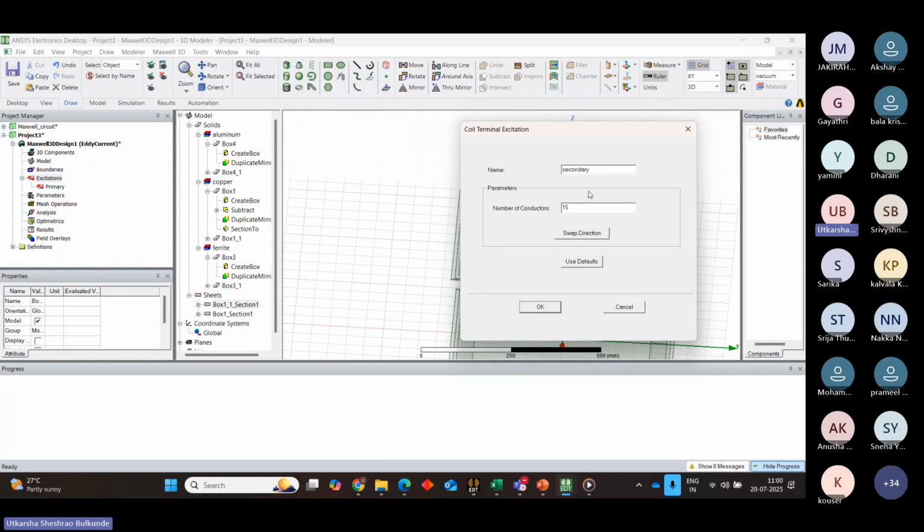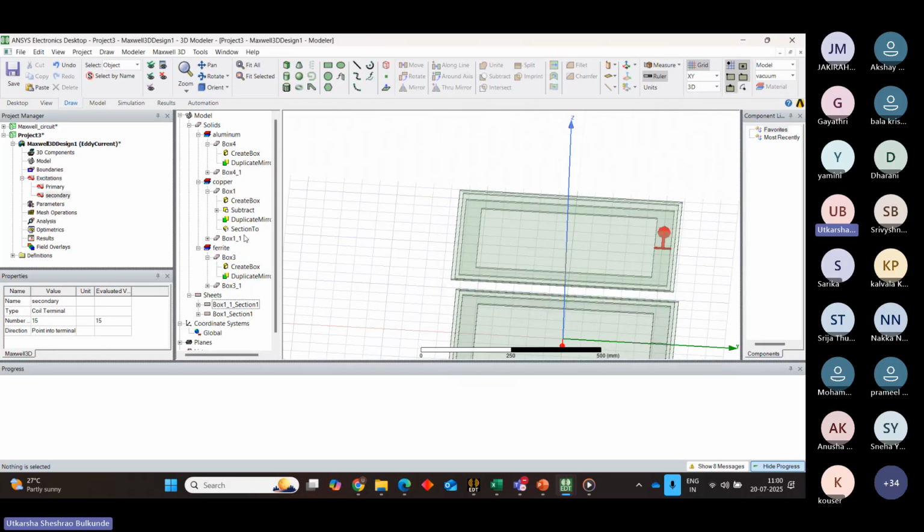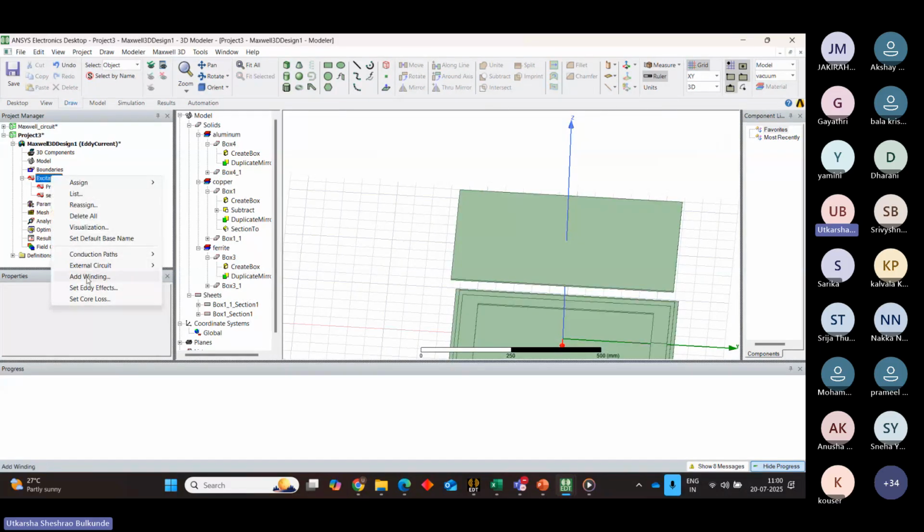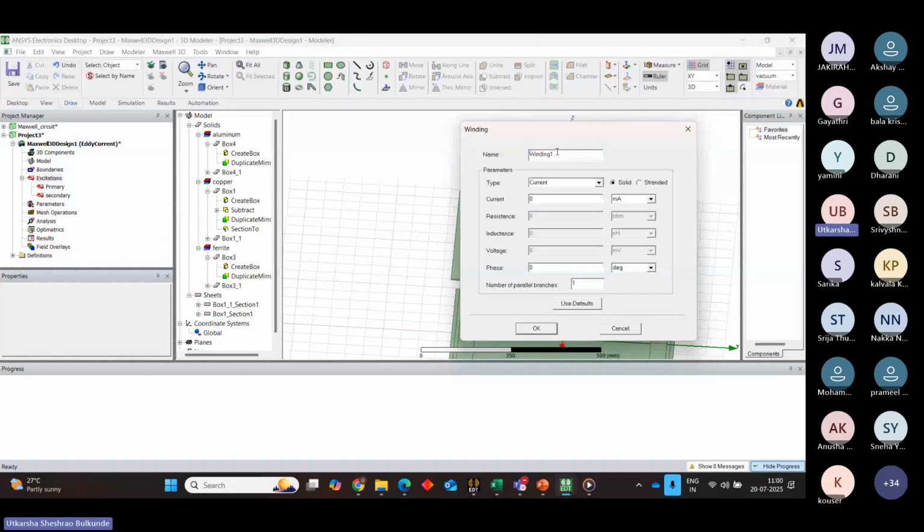The next step is to add winding here, right? So excitation, add winding. One is for primary, current, stranded, because we have given the number of turns. So the stranded type is current. Here multiple options are given.